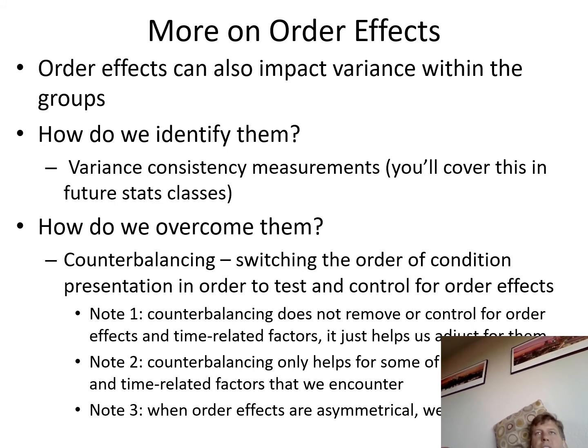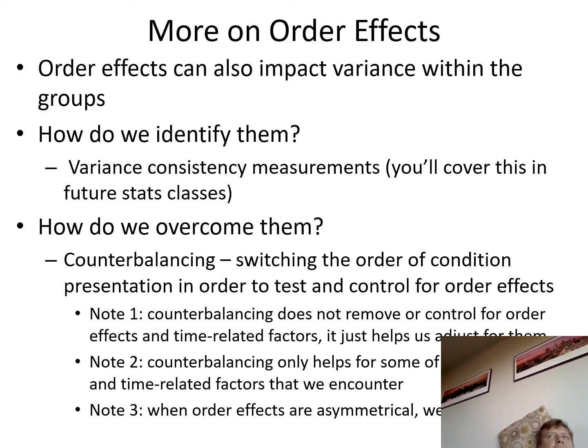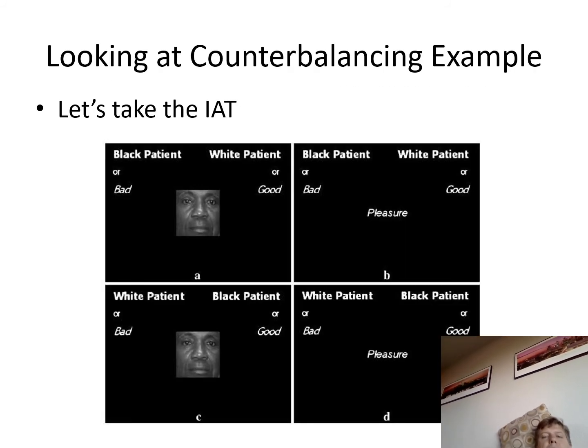Or if the differences in these effects are what we call asymmetrical, where one before the other has a different impact than the other one before the one. I don't know if that made sense, but essentially, if you don't have equal carryover effects between the conditions, counterbalancing is of no value. But if it does have consistency, we can do a lot of things to correct for some of the carryover effects that we encounter.